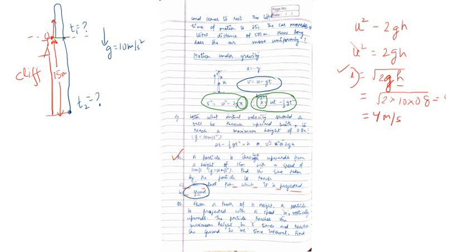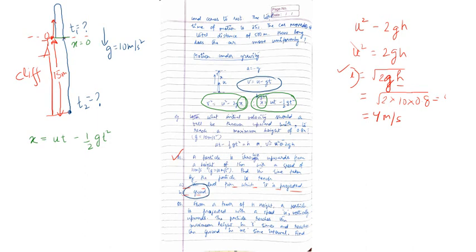So x is equal to ut minus half gt square. This is the equation which we want to use, and this is our origin. The origin is always marked as x equal to 0, or simply 0 if it is a two-dimensional case. And what do we want?